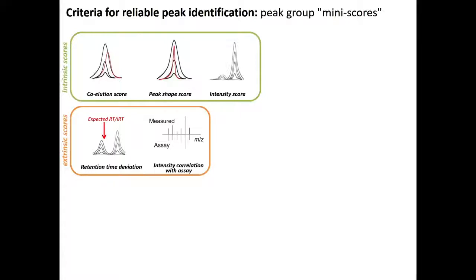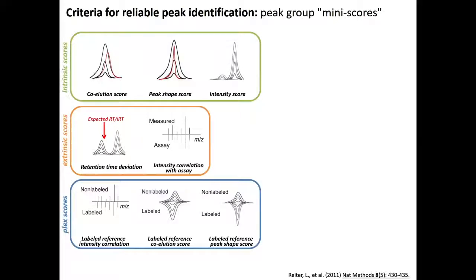These are, for example, the retention time that we know from the library for your peptide. Usually you try to use normalized retention time like the iRT scale. And as I showed you, you also have the intensity correlation with the assay from your library, for example a dot product score between the measured relative intensity of the chromatograms and the assay relative intensity from your DDA runs.